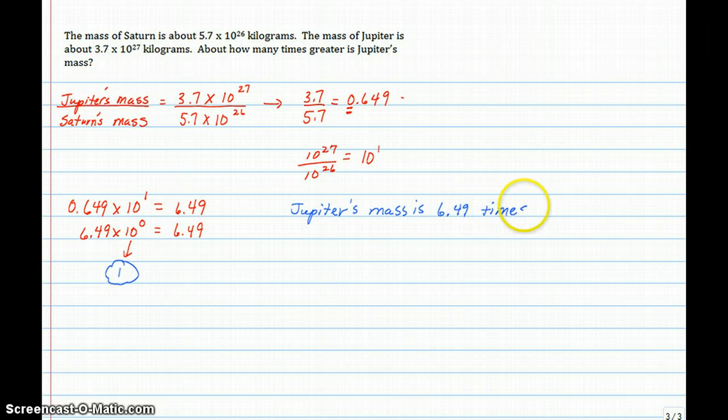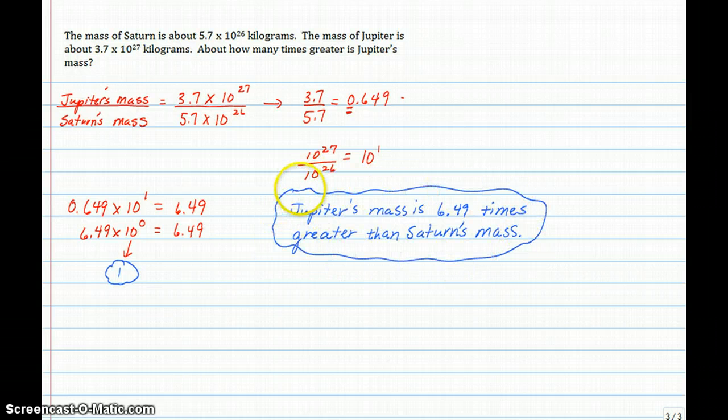Just round to the hundredths place on these. There are variations on what you do, but if you round to the hundredths, we've got an adequate answer. Jupiter's mass is 6.49 times greater than Saturn's mass. Now your writing is probably not exactly like this, but it needs to say something similar to that, and you need to have some work written down.